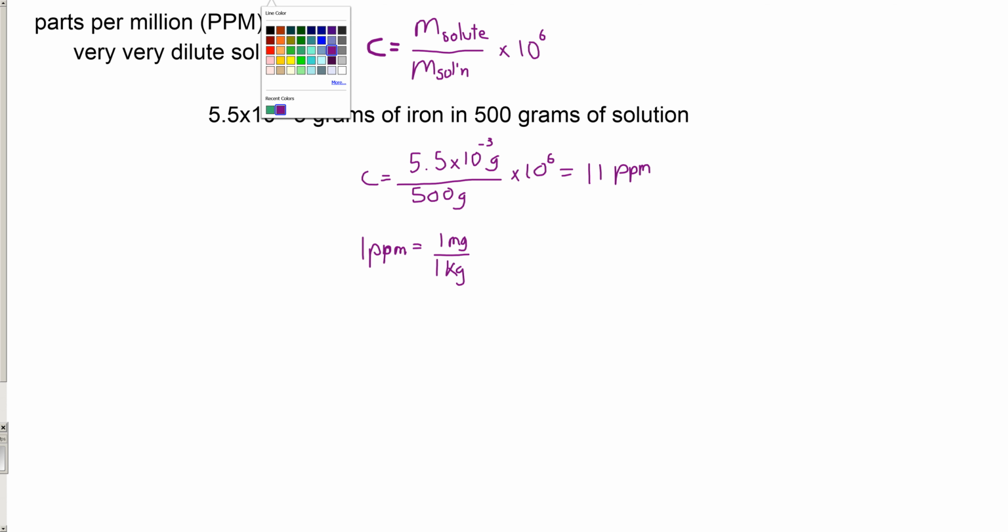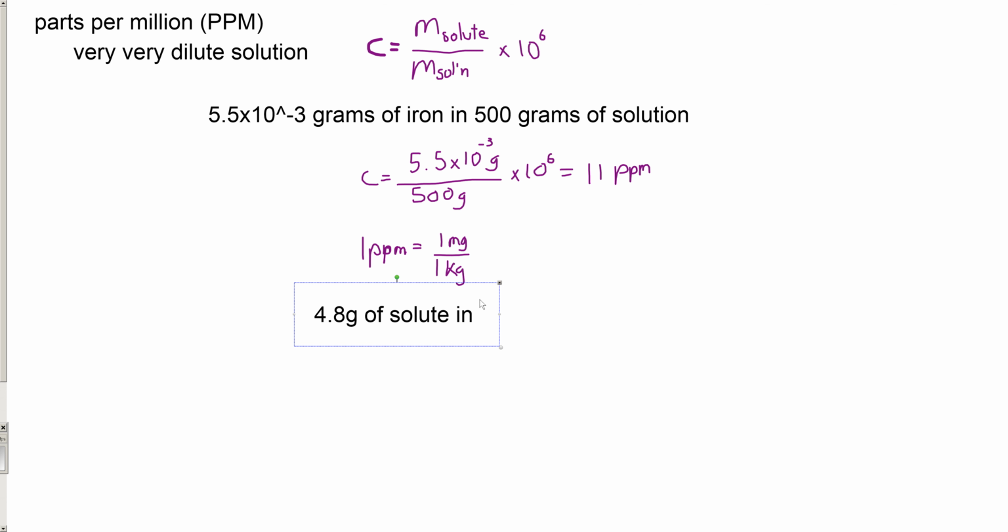So I'm going to do one now where we have to do a unit conversion. And yeah, I know some of us don't like that, but that's okay. We'll be able to deal. So let's say 4.8 grams of solute in 78,000 grams of solution.